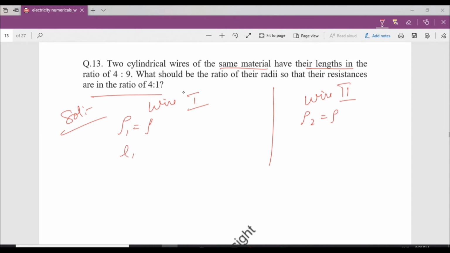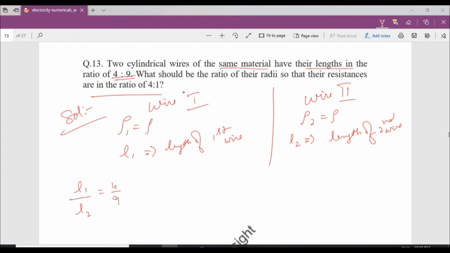L1 is the length of first wire and L2 is length of second wire. Their ratio is 4:9, means L1 by L2 is given as 4/9.